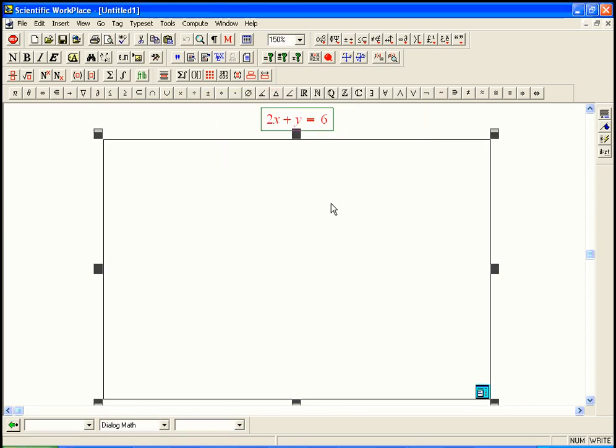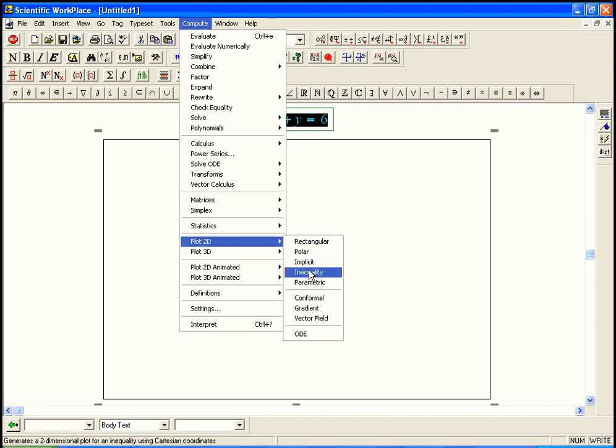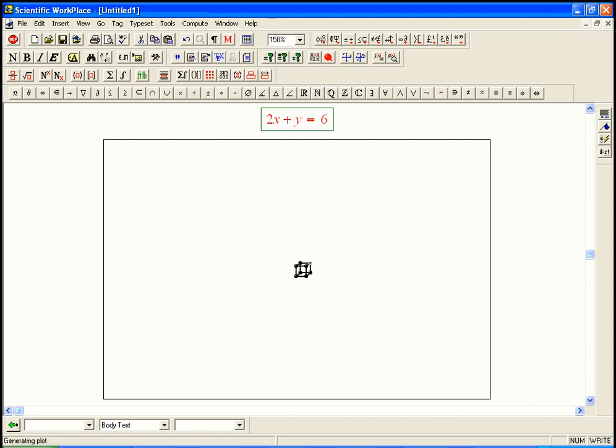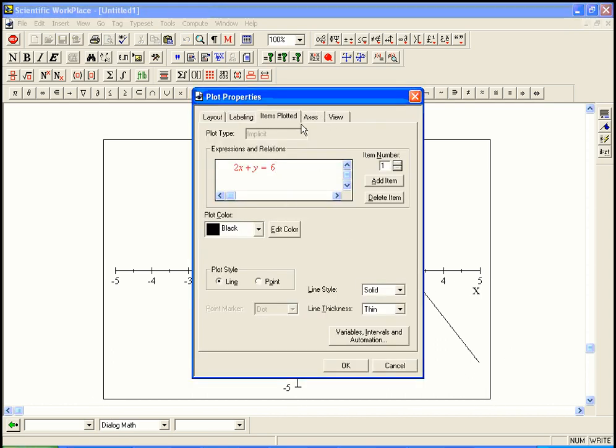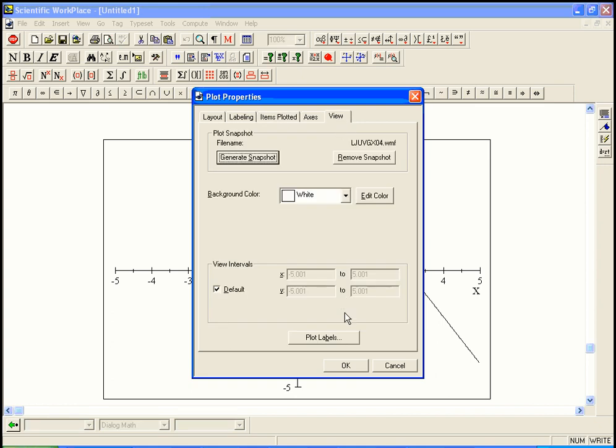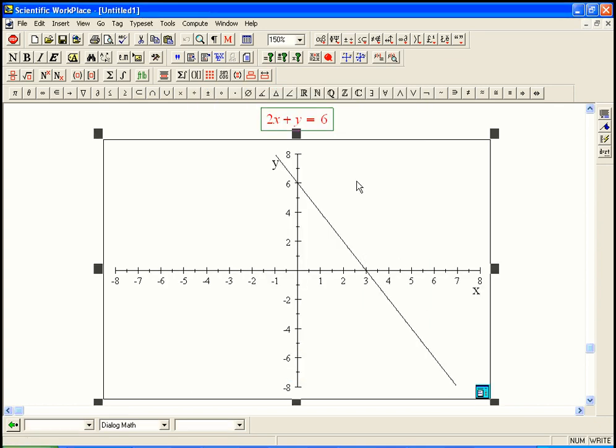Oh, because it's a relation. Implicit. There we go. Let's make that a little bit bigger. Let's have the view be like -8 to 8, -8 to 8. Okay. So there's one of our lines.